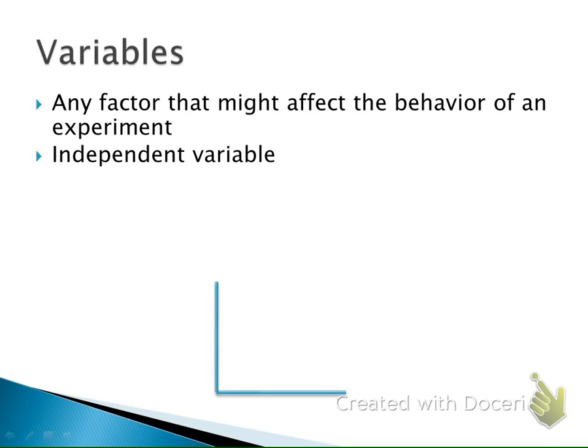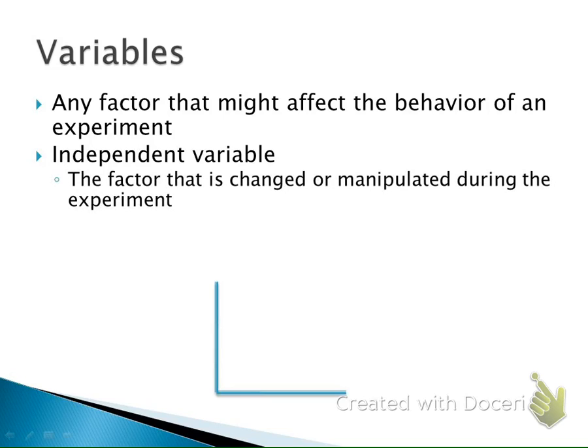Okay, so when we talk about a variable, we have both independent and dependent. Variables are anything that could affect our experiment. So the independent variable is the one that you control.